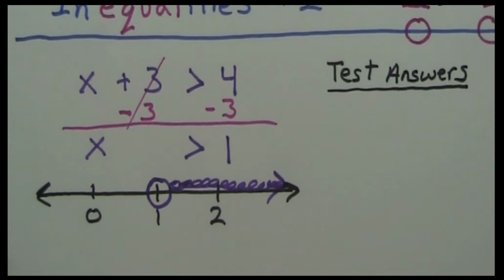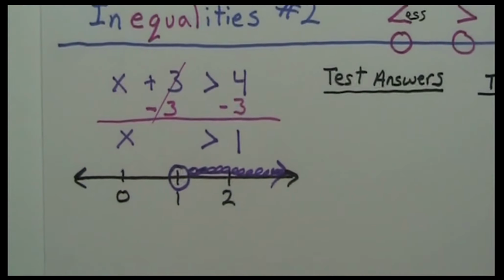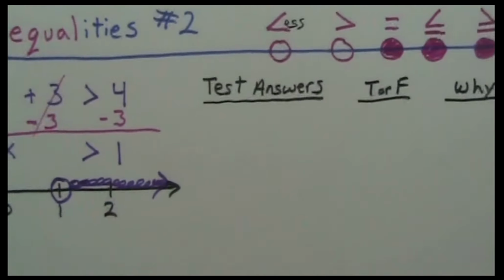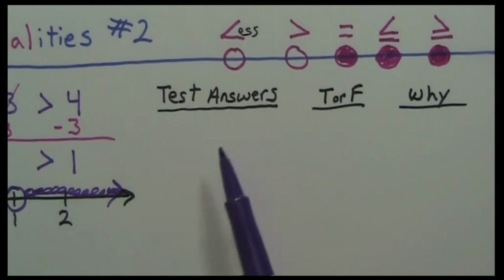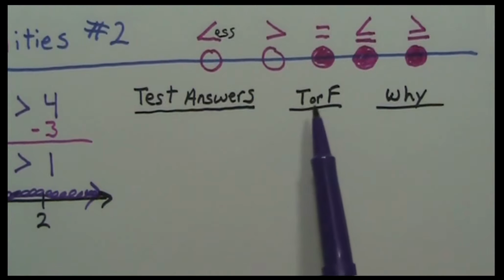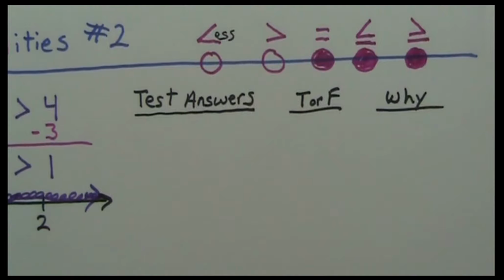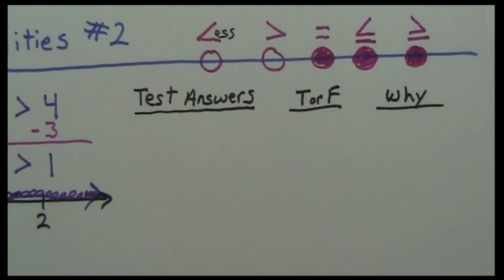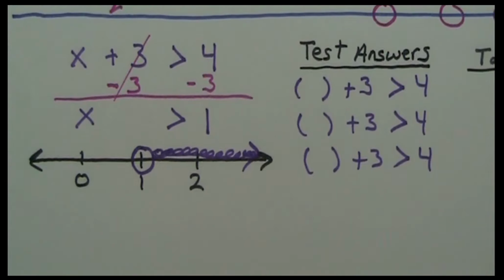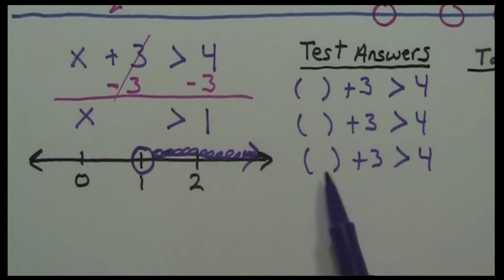Now what we'll do is we'll test that. We'll test to see if we are correct. So over to the side, we'll write this down. Test answers, true or false, T or F, and Y. Okay, so we're going to test out 3 numbers.